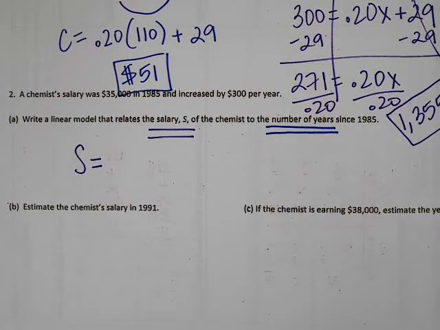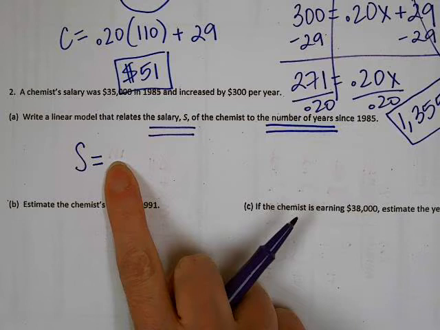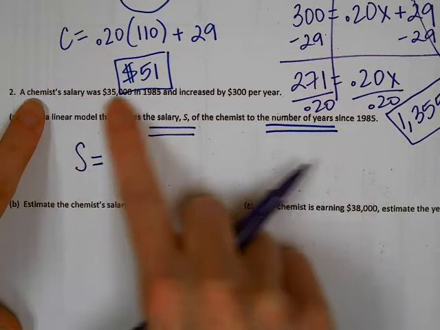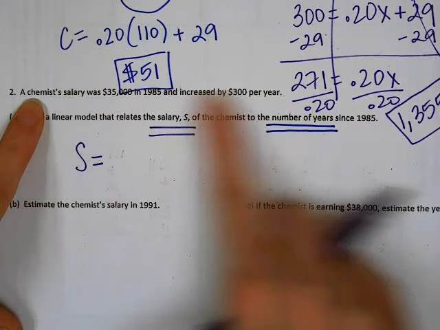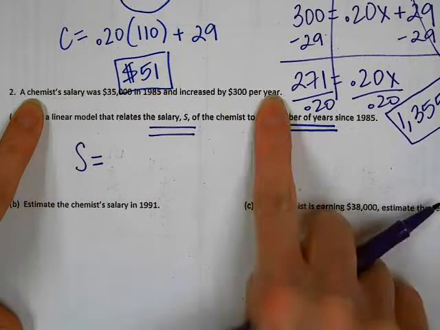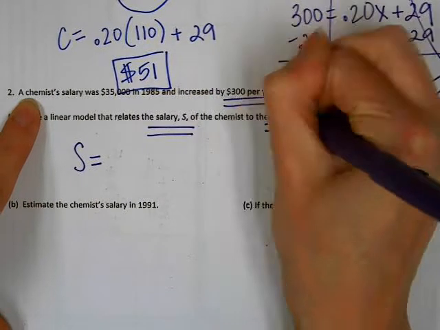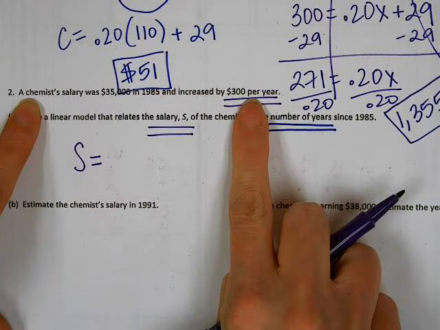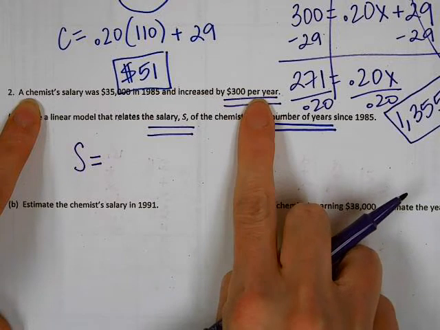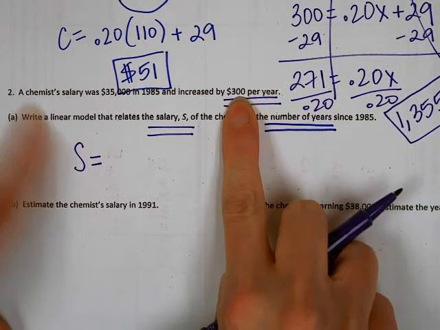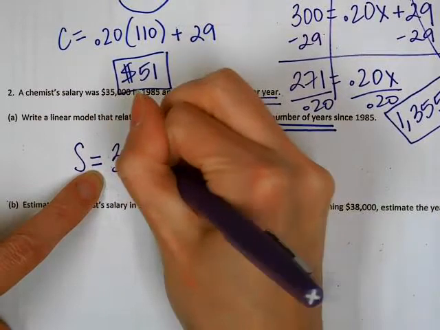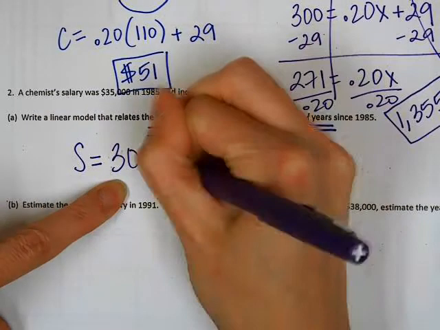How much is this increasing every year? Which one of these numbers is the slope? A nice trick is it's usually the one by the word per, because that tells you it's a rate of change. So the 300 is the slope. Per year is the x.